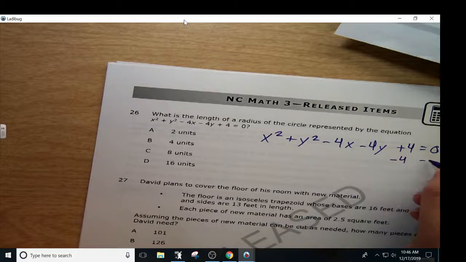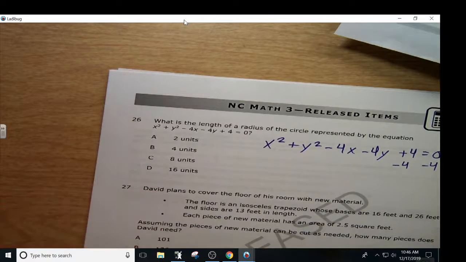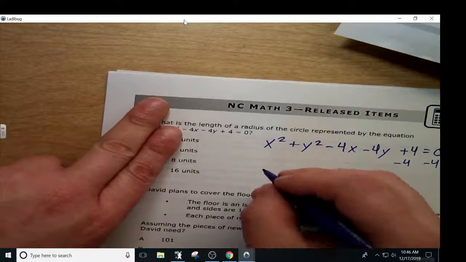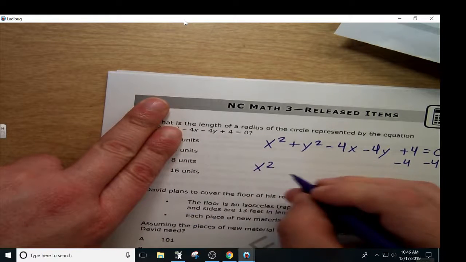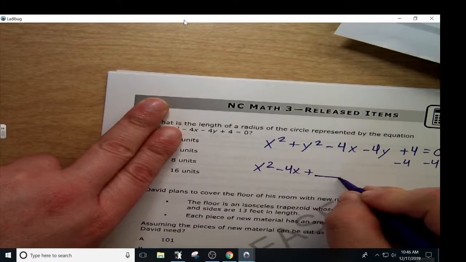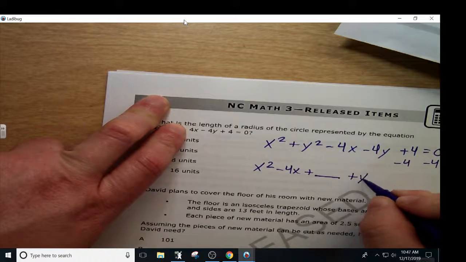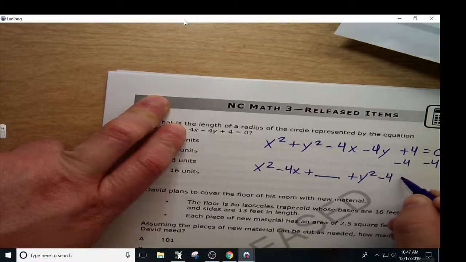So I'm going to subtract 4 from both sides. In the meantime, I'm going to get my x's together and my y's together. So it's going to be x squared minus 4x plus blank, plus y squared minus 4y plus blank equals negative 4.